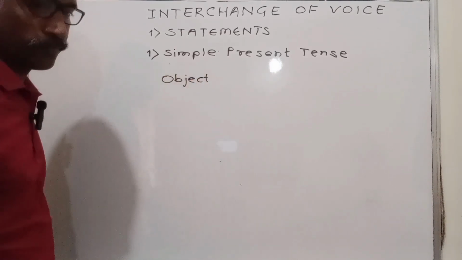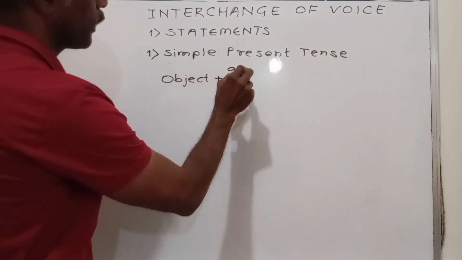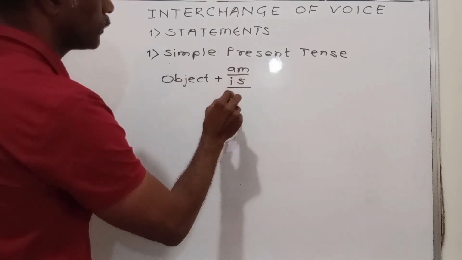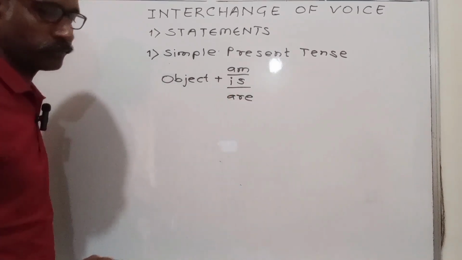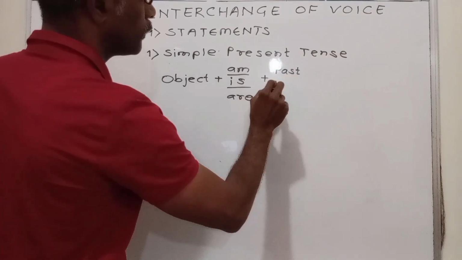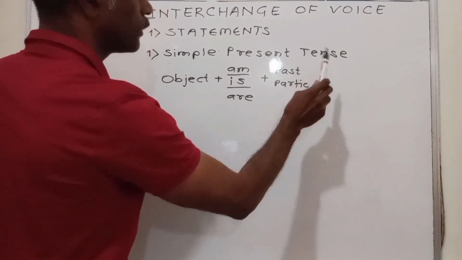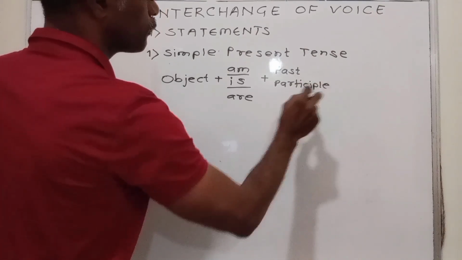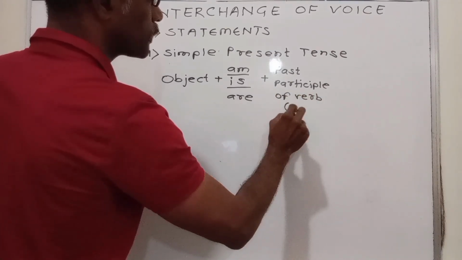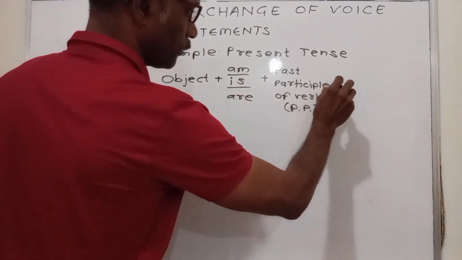Object first, then am, is or are, then past participle of verb, that is we say PP, past participle of verb.